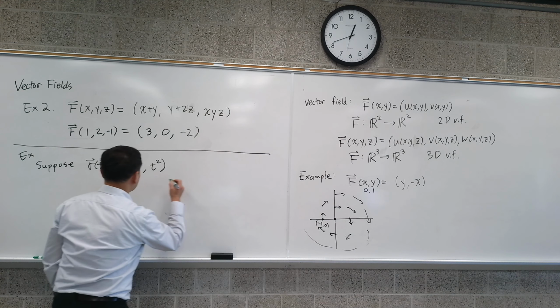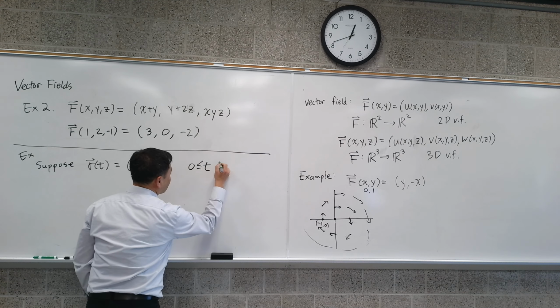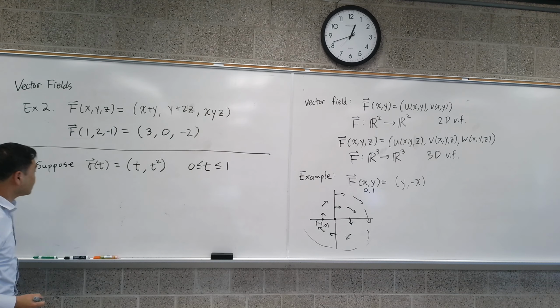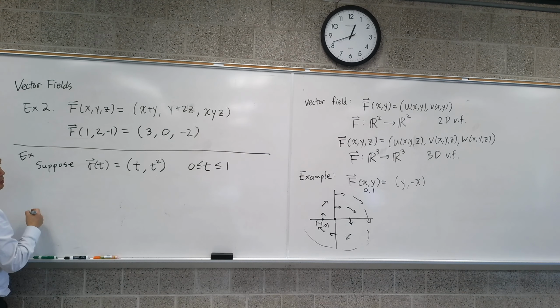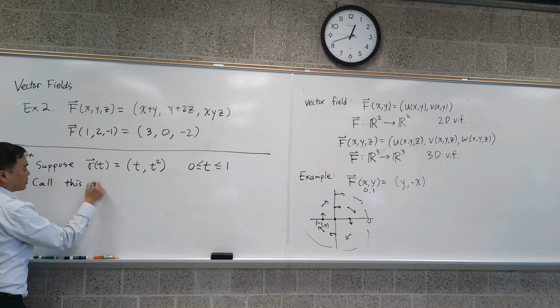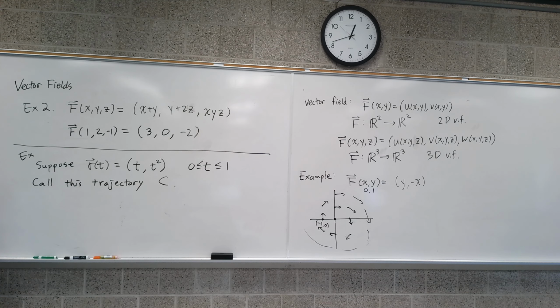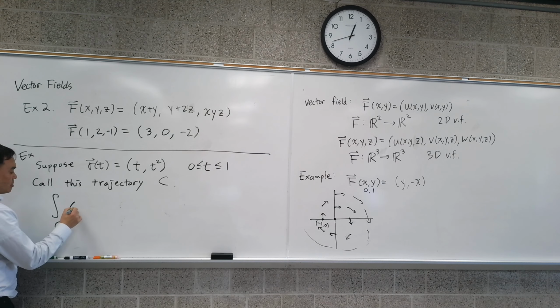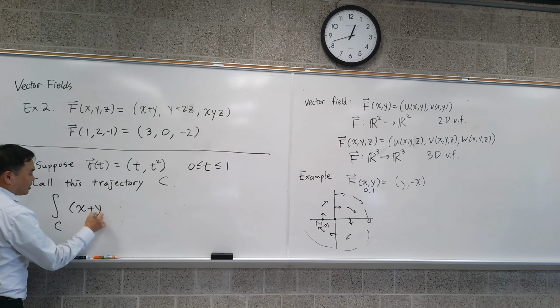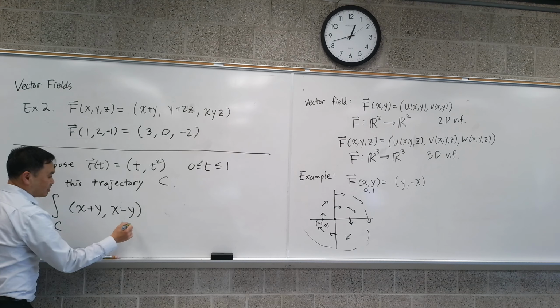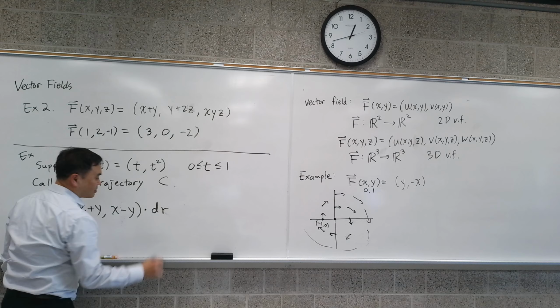And the question here would be, let's say t goes from 0 to 1. Okay. So call this curve, this trajectory, C. And the question is, what is the integral over this trajectory of the following vector field, which is, let's say, x plus y, x minus y, dot dr. Okay.